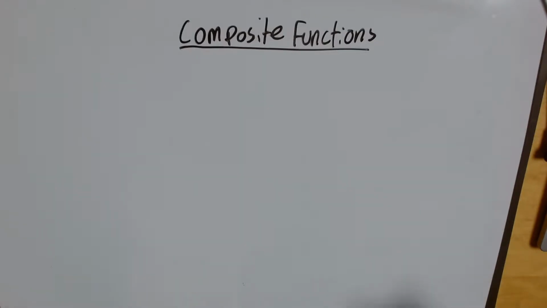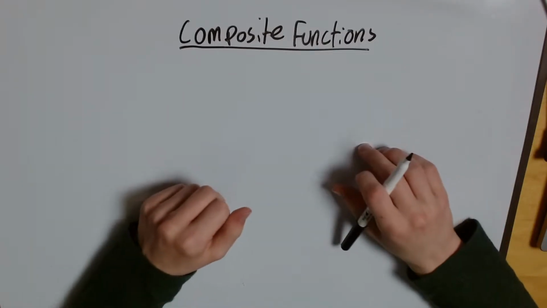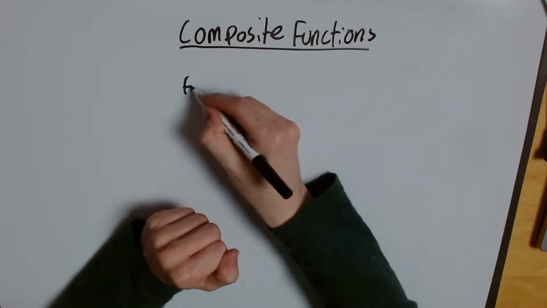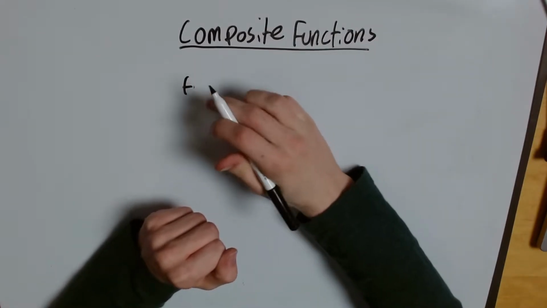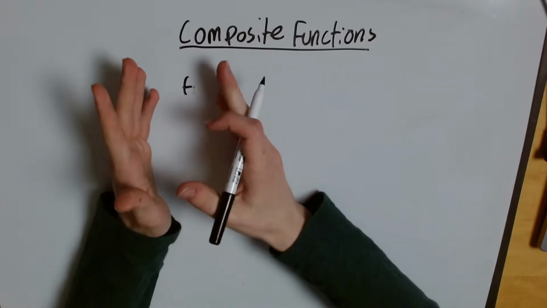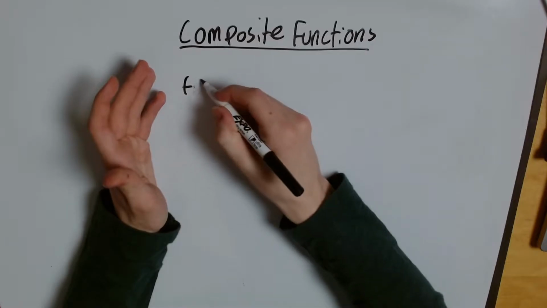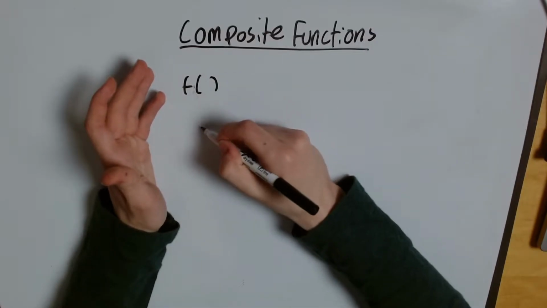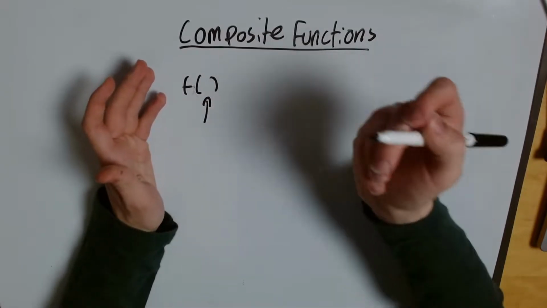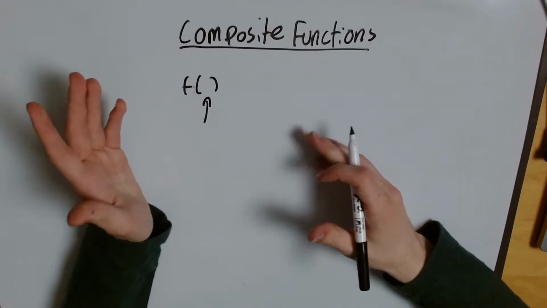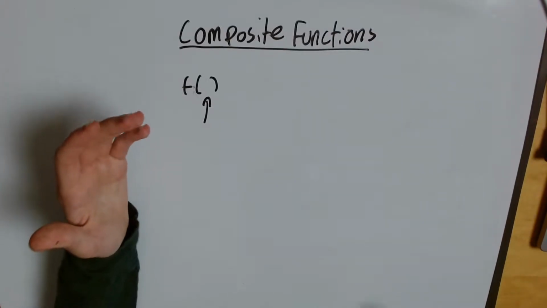And the general thought process is this. Say I have one function f. I want to be able to plug in a value at f. If we think about functions like factories, this is the metaphor I like to use.